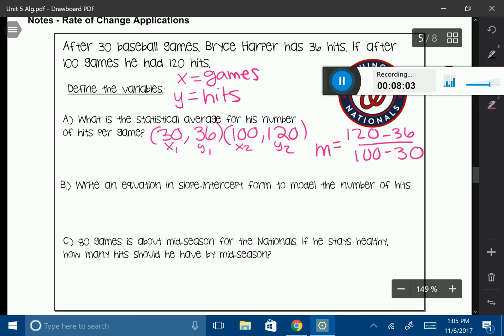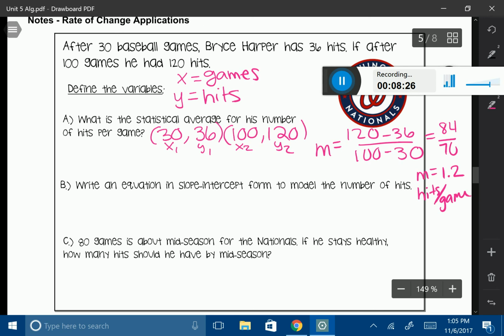So 120 minus 36 is going to equal 84, divided by 70. So my slope is going to be 1.2. And the way we would say this is hits per game.